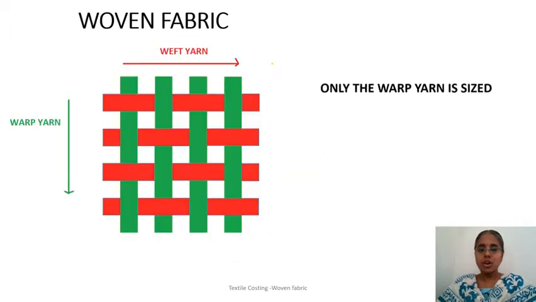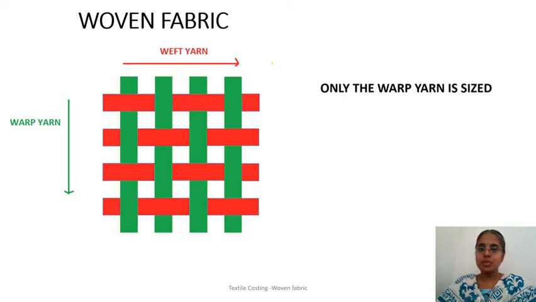As we all know already, the warp yarn is the only one sent for the warping as well as the sizing process, because it is the one which requires a little higher strength, and this determines the end breakage rate in the warps.